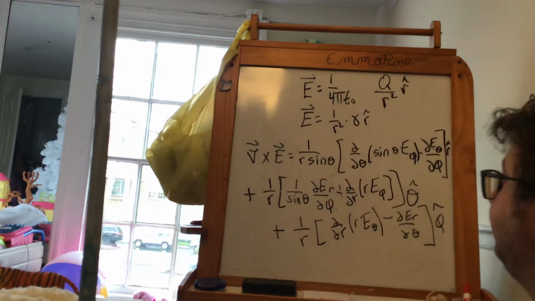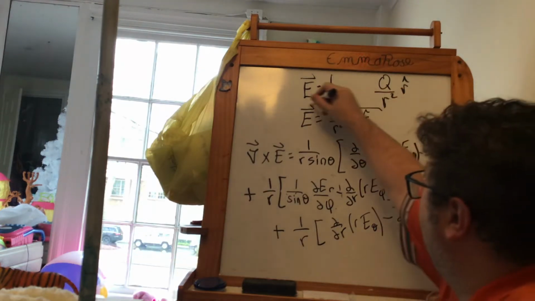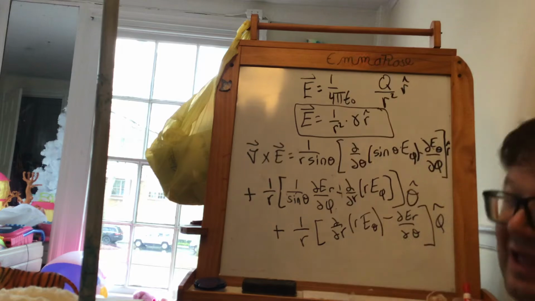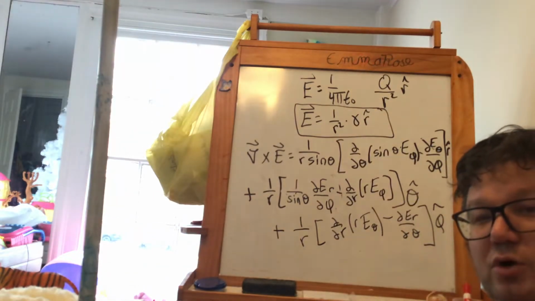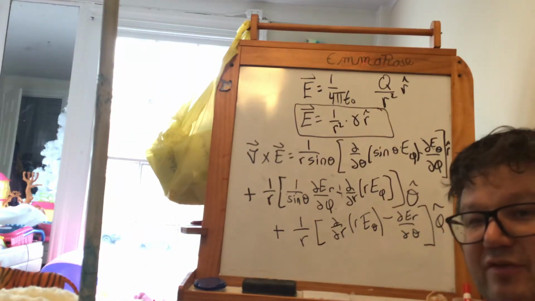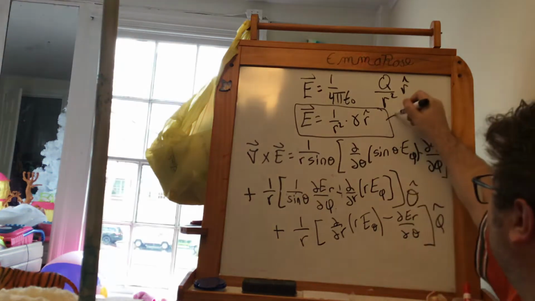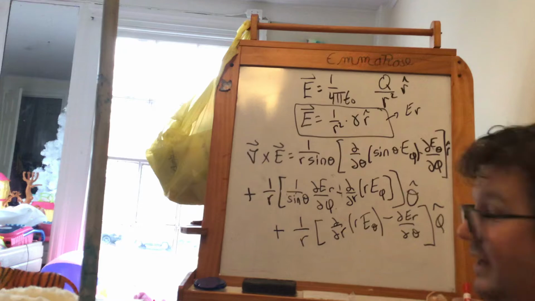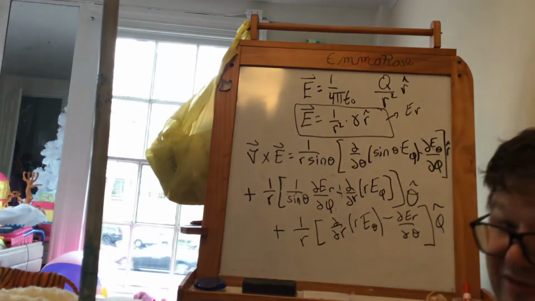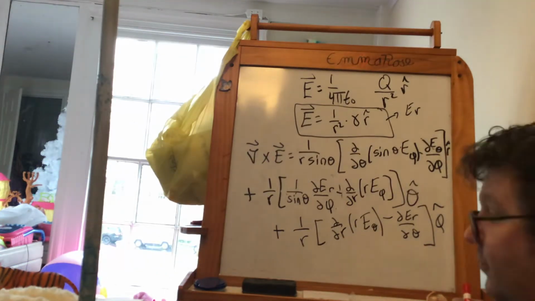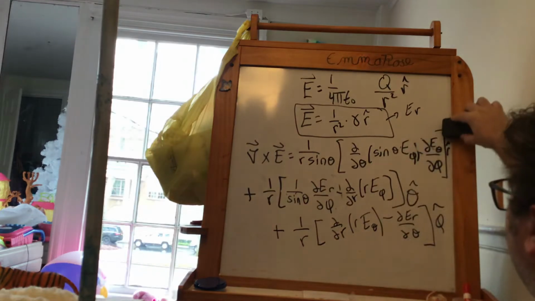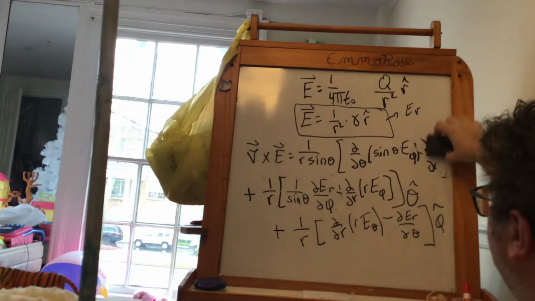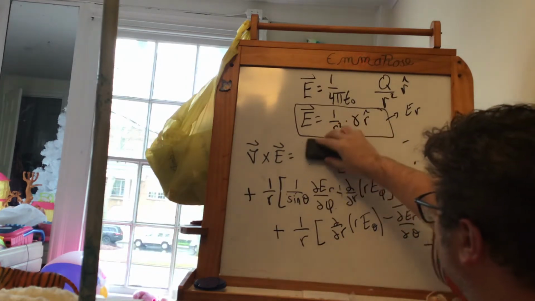gobbledygook of mess. But if I look at what I know my electric field should depend on, it only depends on one component of the vector, namely the E r component. So E theta and E phi are 0. So everywhere I see those, I can just make those terms 0. So this whole term here goes to 0 because there's no E r in it.